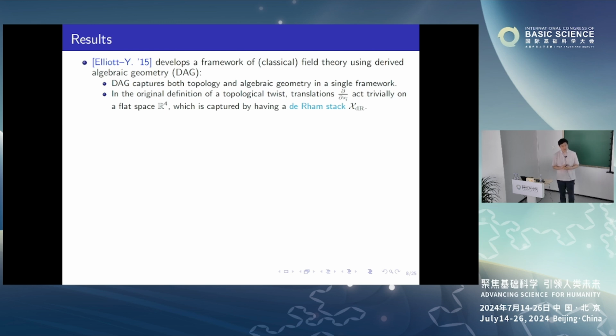And that is precisely captured by the definition of what is called the de Rham stack. I mean, that is also part of something you can consider in usual algebraic geometry and also in derived algebraic geometry. So again, what I'm saying is that from physics, you know that the translations must be acting in a trivial manner. And that kind of information is captured by having what is called the de Rham stack.